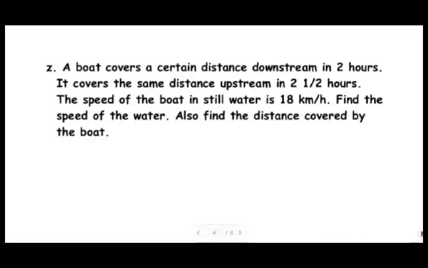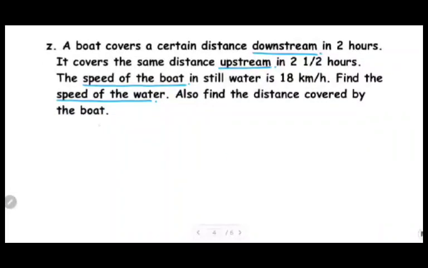Alright. So, here the catch is about the downstream and upstream. Okay. And there is speed of water as well, and there's a speed of the boat as well. Alright, so now let's work out downstream. There's upstream also.